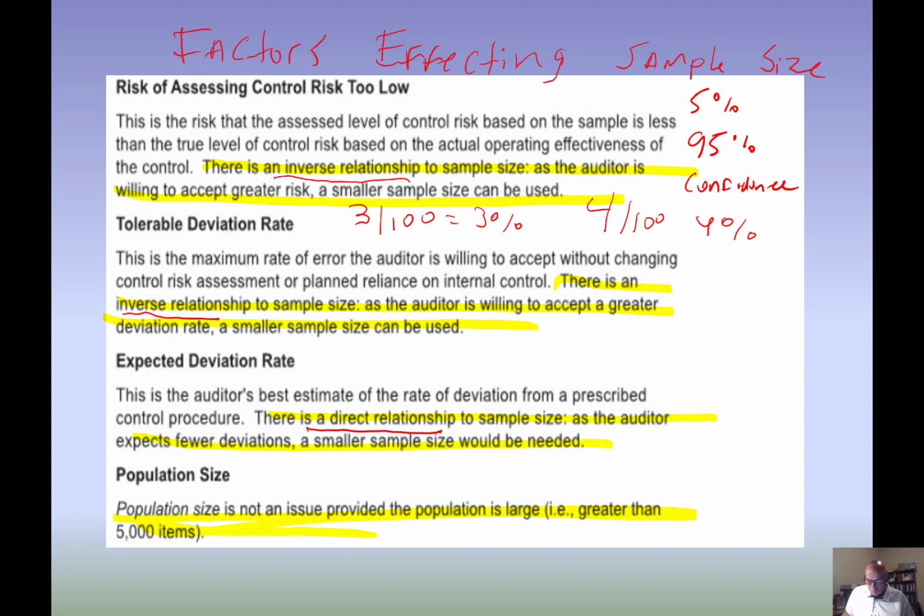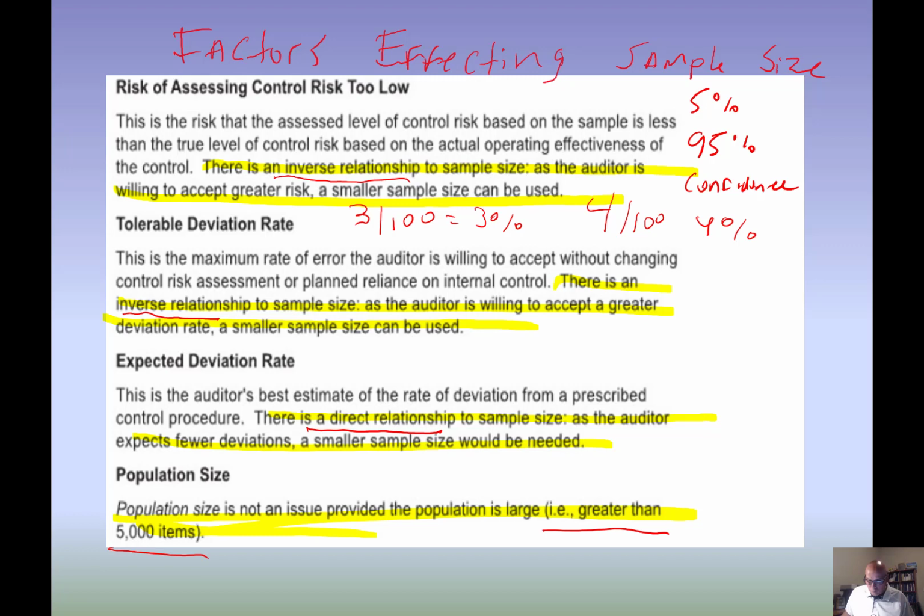Population size typically does not affect the sample size for larger populations. For smaller populations, it could have more of an effect on sample size. Most of the tables that we're about to look at in the next couple slides assume a large population. We're not going to be using the tables. There's a different set of tables that the AICPA, the American Institute of Certified Public Accountants, uses for sample sizes.